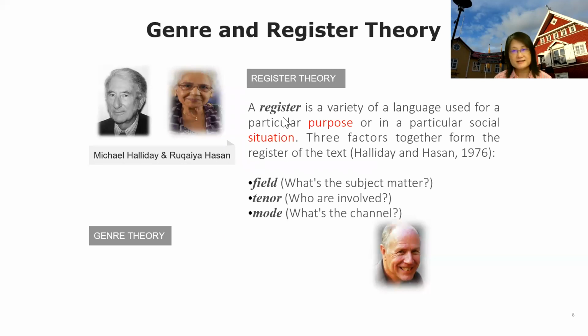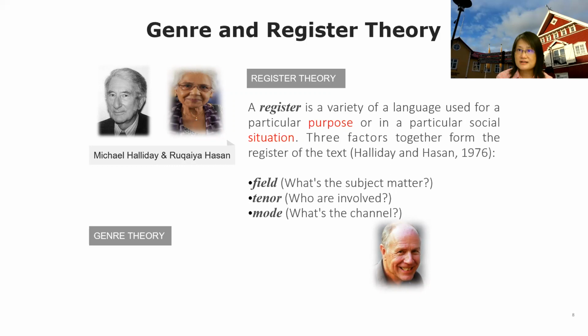Register actually is not difficult to understand because in Chinese, we have all kinds of registers too. In any language, we have all kinds of registers, like the sports register, like the legal register, like the cookery register. So for any specific content domain, whether you're talking about soccer or basketball or sports, or you're talking about cookery or different kinds of cuisine, you will come with different vocabulary.